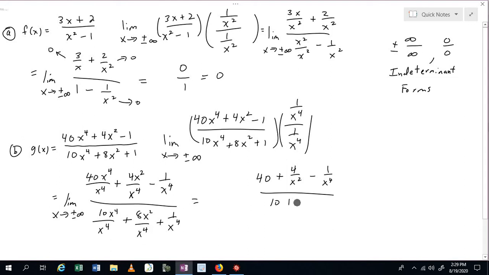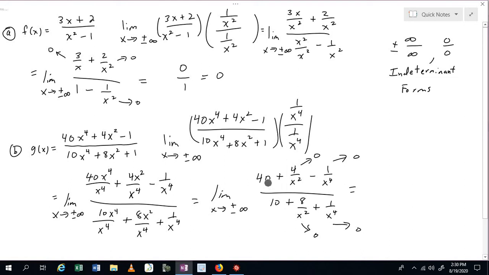Here you're left with 8 over x squared, and then here you're just left with 1 over x to the fourth. Okay, and then we're going to find the limit as x goes to plus or minus infinity. Now, this is the determinable form. Regardless of whether x is heading towards positive infinity or negative infinity, each of these terms is getting closer to 0.